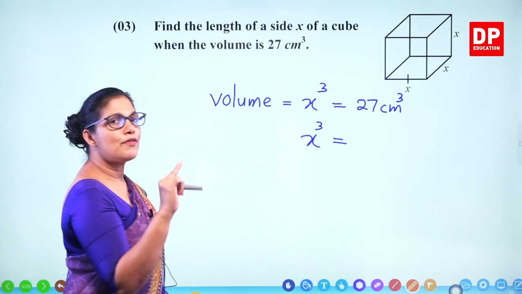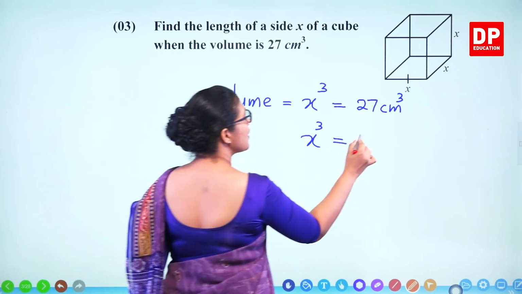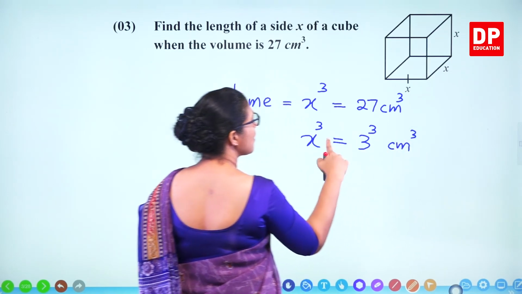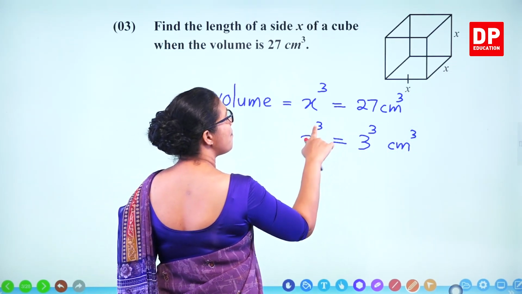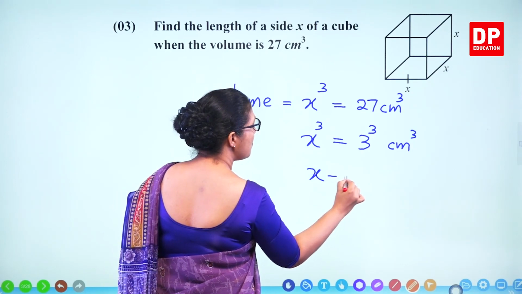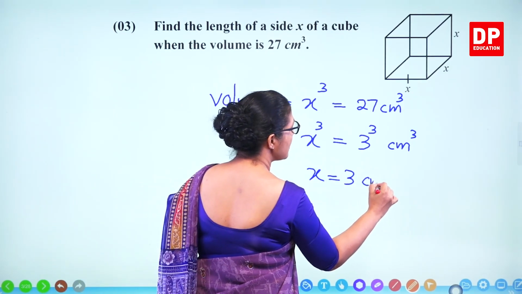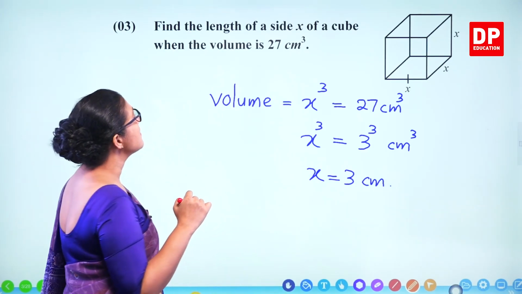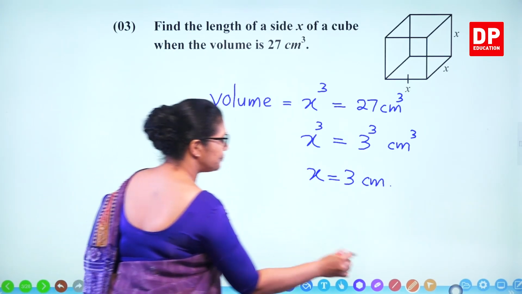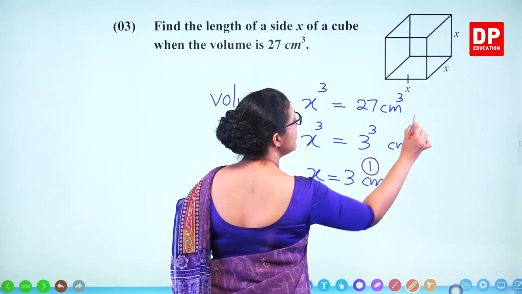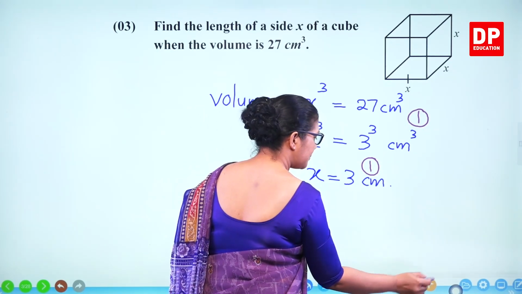We can write 3 times 3 times 3, 3 to the power 3. So what's x? With the same power, you can equate the bases. So x equals 3. So the length of one side is 3 centimeters. So 2 marks, 1 mark for the answer and 1 mark for the method.